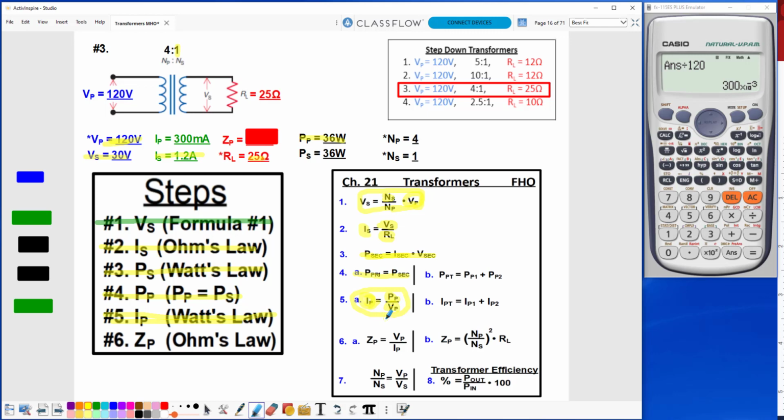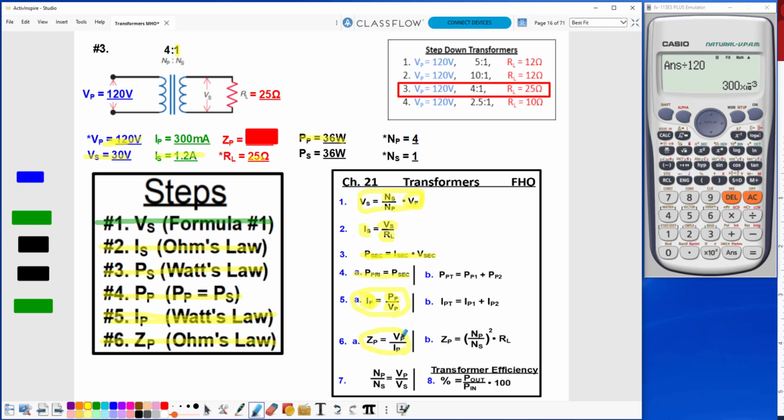Alright, my last step here, I am looking for the impedance of the primary. That's what the letter Z tells us, impedance. It's measured in ohms, just like resistance. And so what I'm using here is just a fancy form of Ohm's law.